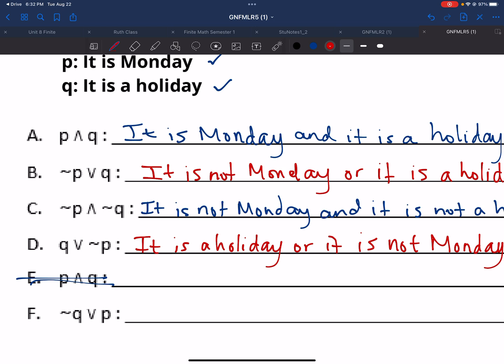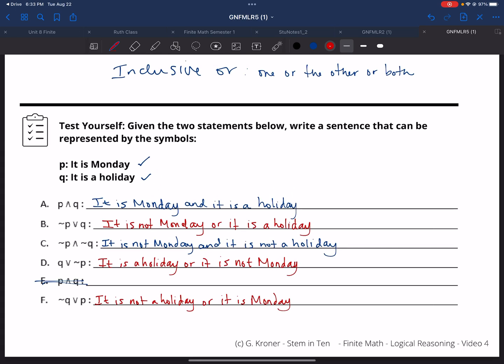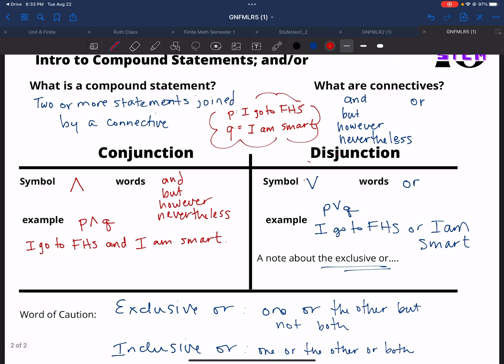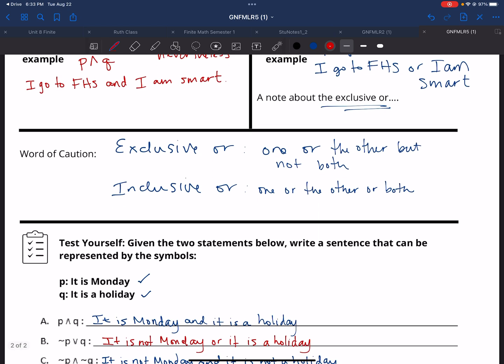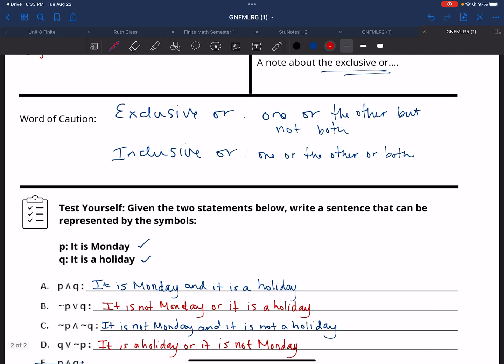And then the last one is not Q or P. So it is not a holiday, or it is Monday. Okay, so conjunctions and disjunctions are fairly easy to do. Just remember your symbols. Remember that whichever is the first phrase is going to be your first symbol. The next phrase after the and or the or will be your second symbol after your conjunction or disjunction.